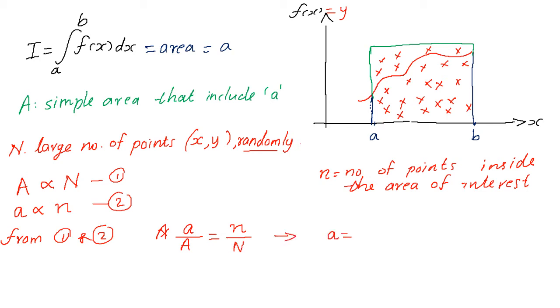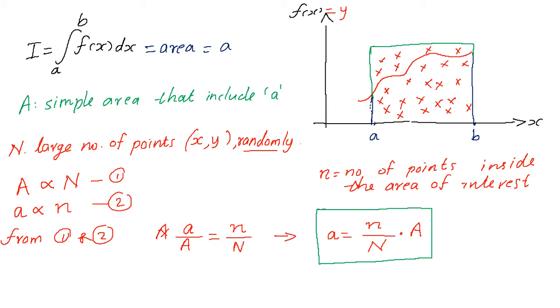A is equal to small n divided by capital N into A. Okay, so this idea is really simple. What you have to do is you just count the number of points that come inside the area of interest.